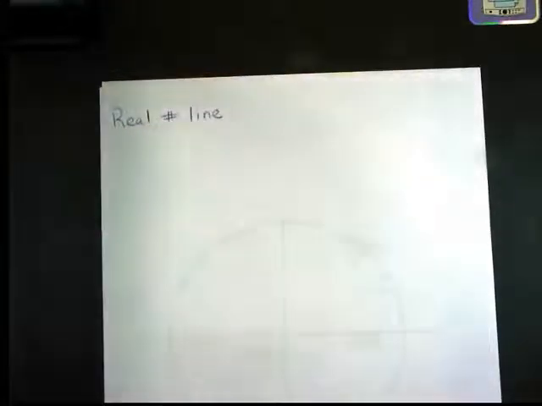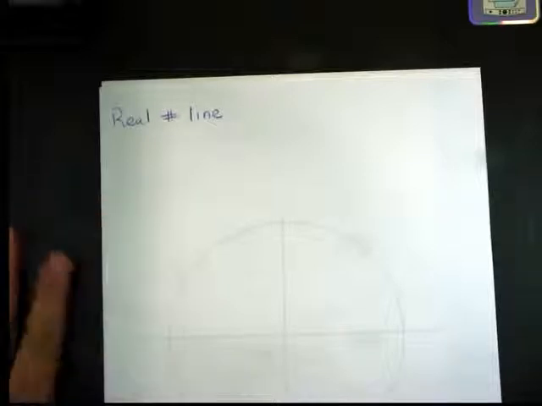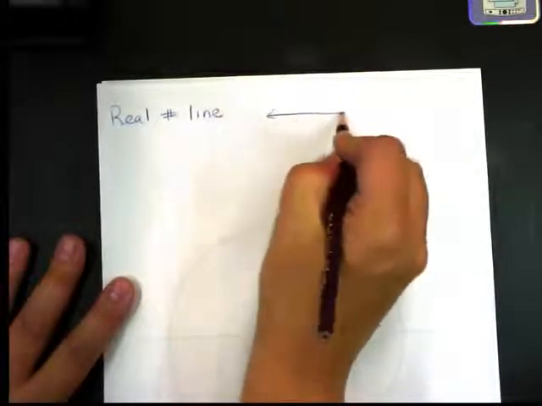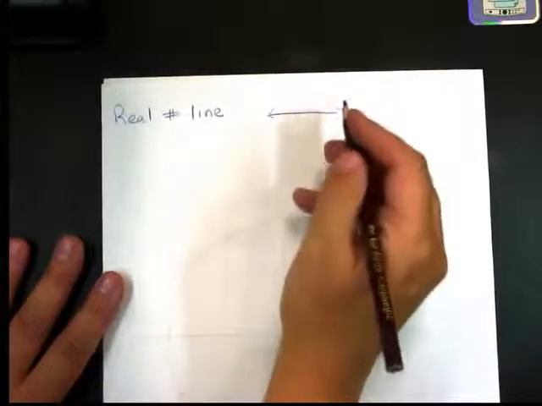And that may sound obvious, but when we make real number lines, we don't always make them in the correct format. On a real number line, and this is going to hold true every single time you make a graph, you're going to make a number line that has arrows, because a number line does not end just because we run out of paper.